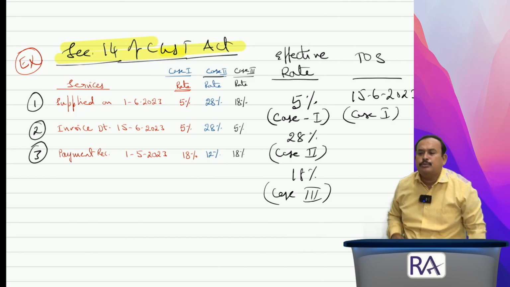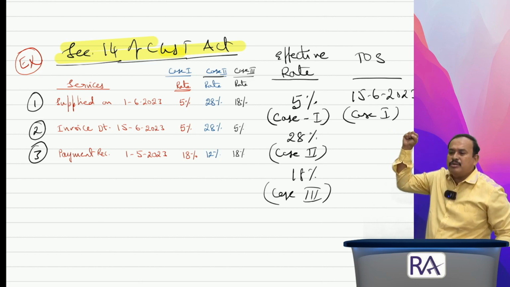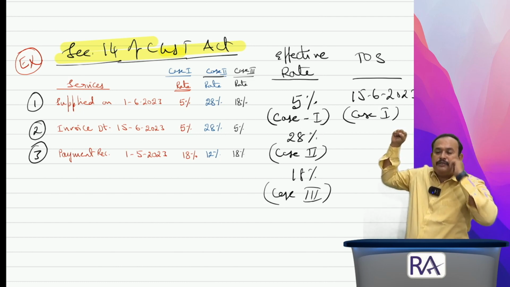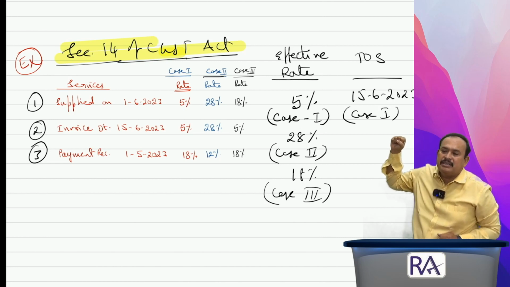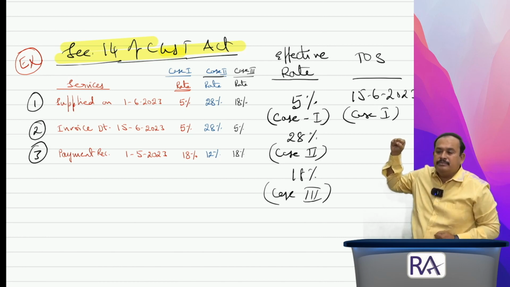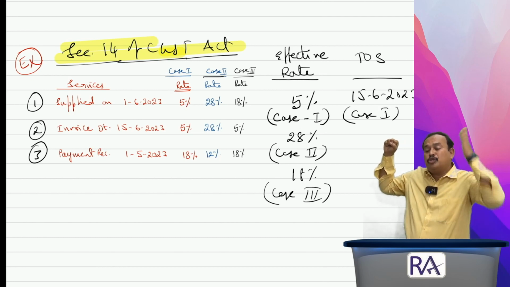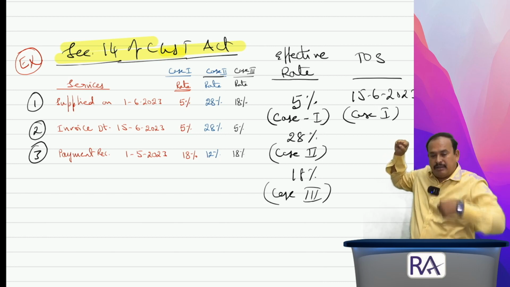Come to case 2. Here also, take into account the date of completion of supply of service, 1st of June. With what rate? 28%, a new rate. Prior to that, on 1st of May, 12%. 12% old rate, 28% new rate.